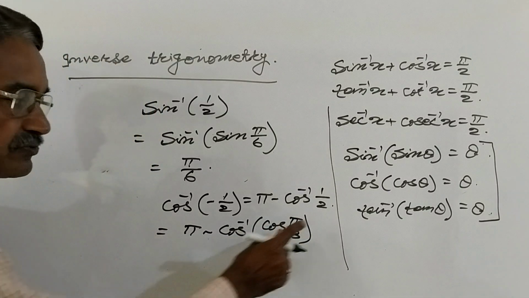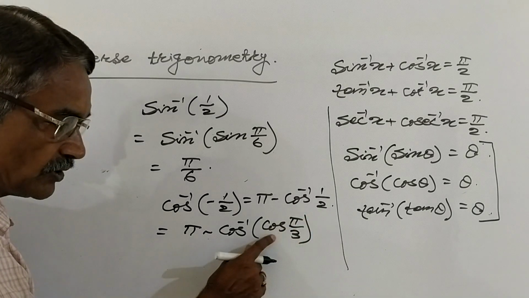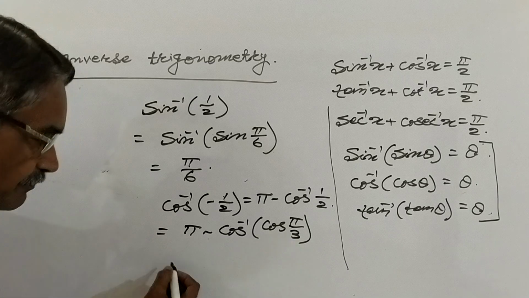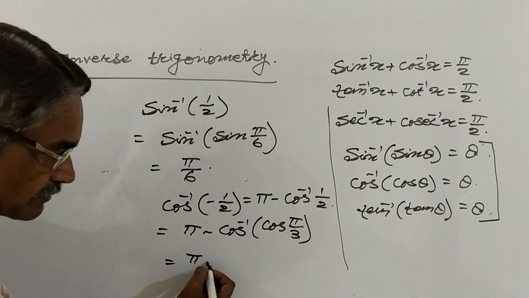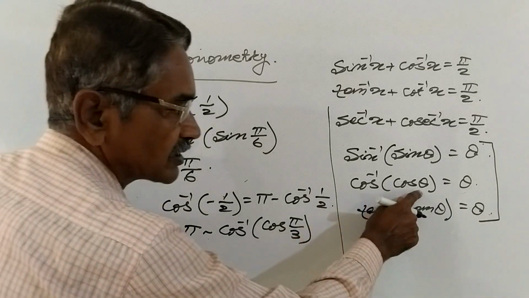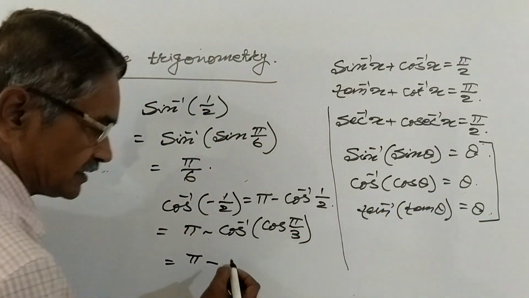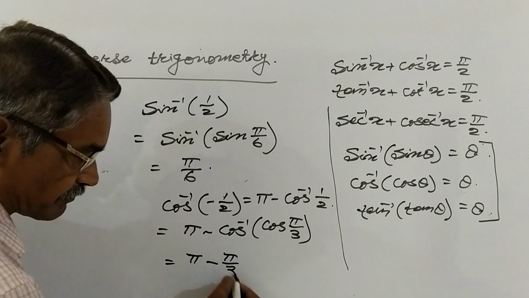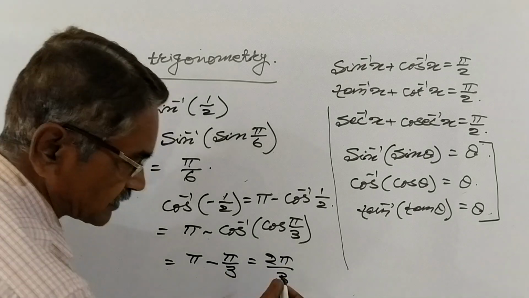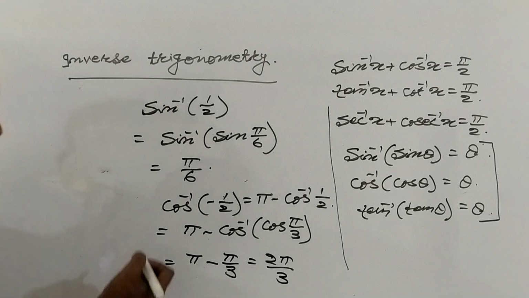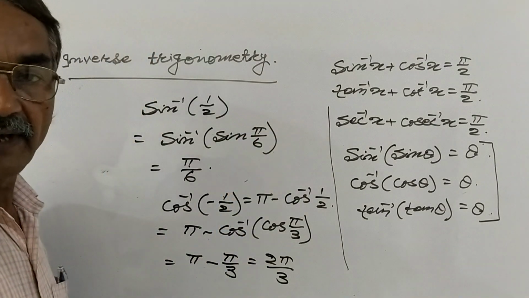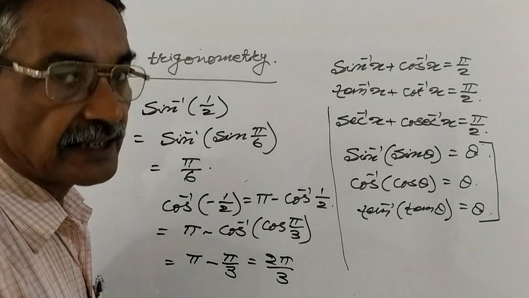Cos 60 is 1 by 2. So cos 60 degree can be written as pi by 3. It is pi minus cos inverse cos theta. Cos inverse cos theta equals theta. So pi minus pi by 3. Your answer is 2 pi by 3. And similarly, other principal values can be calculated.